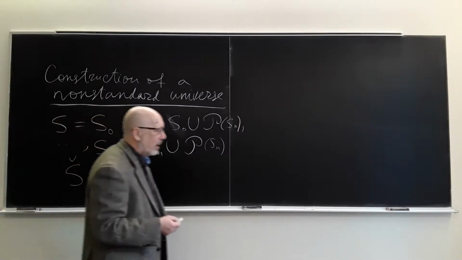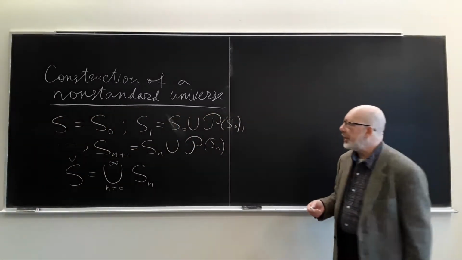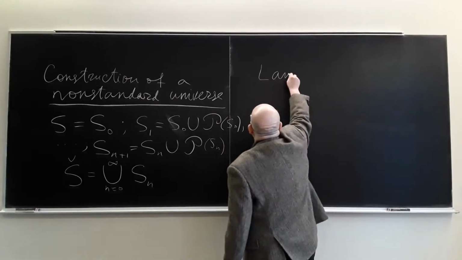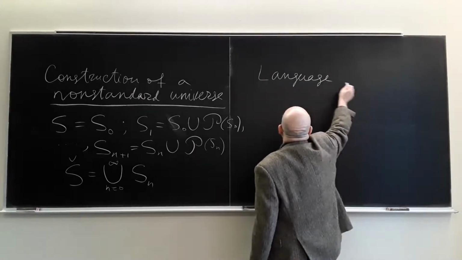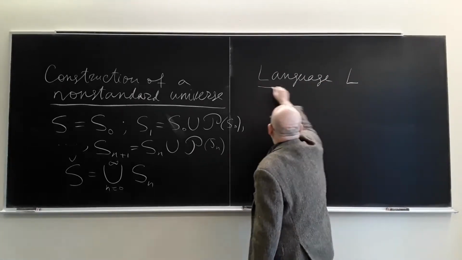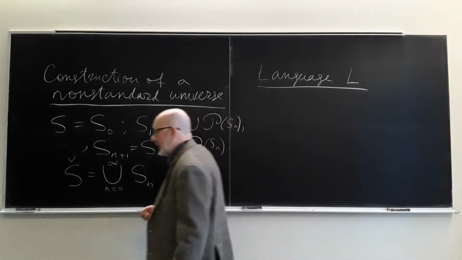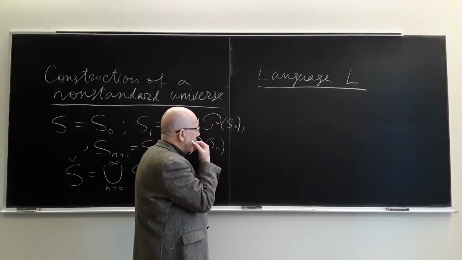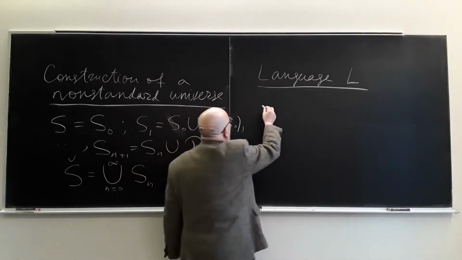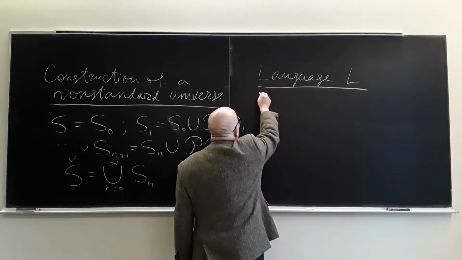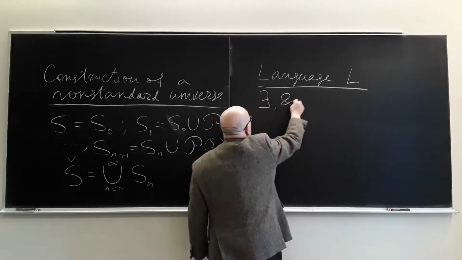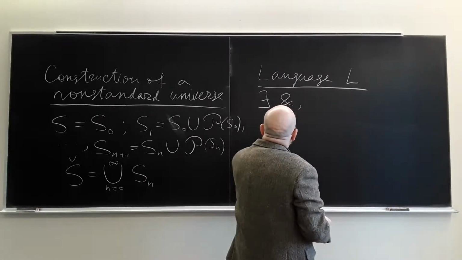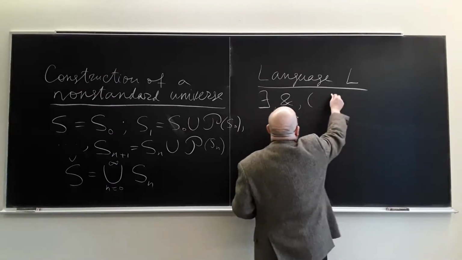Now, to define more things, we use the language L. This language contains the following symbols. It contains the logical symbols, there exists, and brackets.